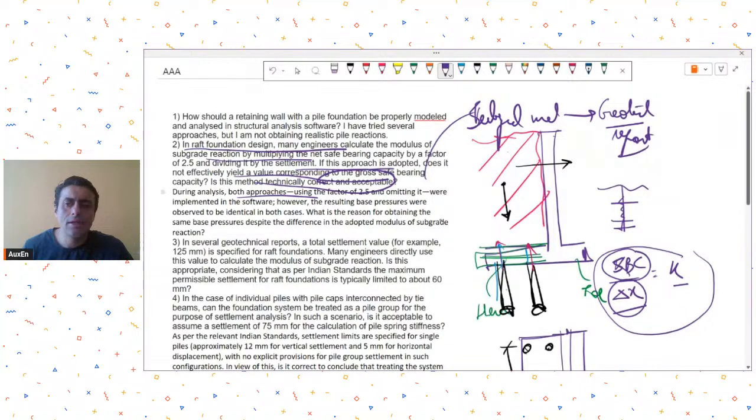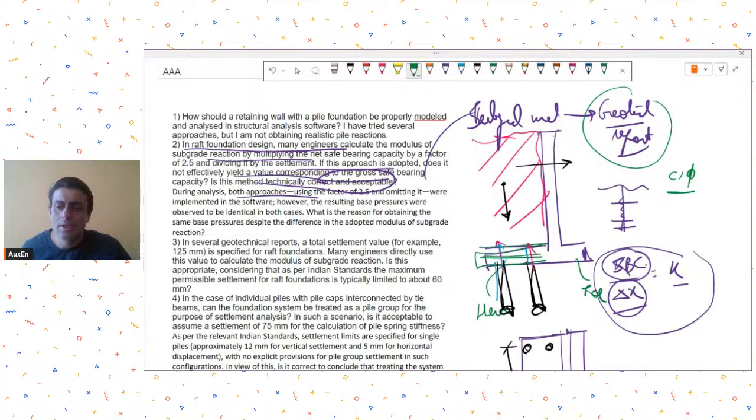So technically the geotechnical person, after doing the testing and on the basis of c, phi etc., should be giving you the k value. But if you don't have any other means, then you can take this k by doing this. Any k that you take to begin with, anyway you have to then see the bearing pressure and the settlement again.